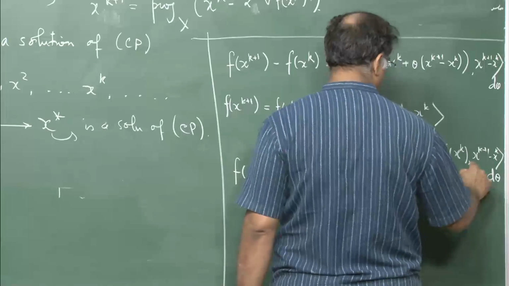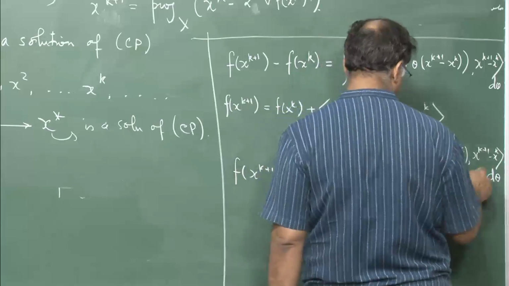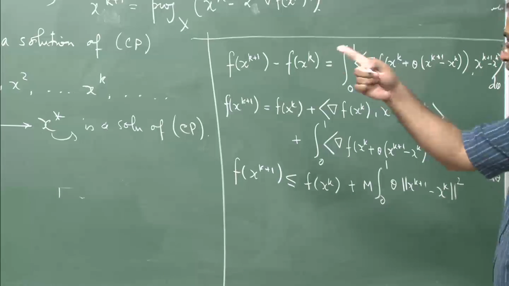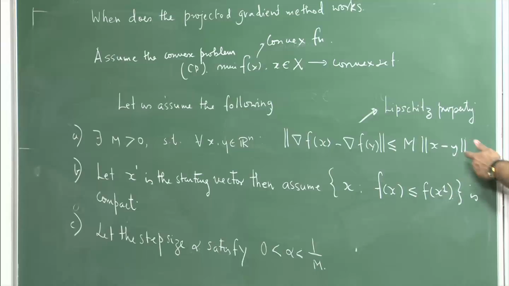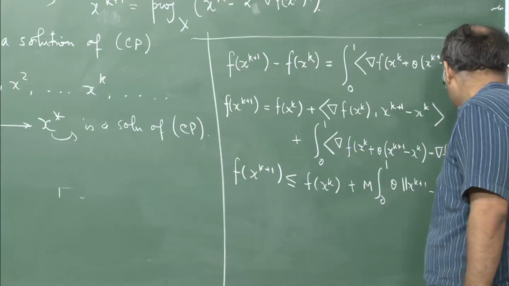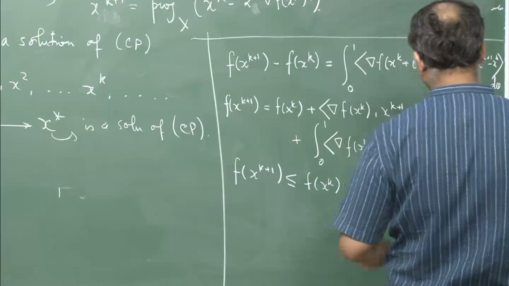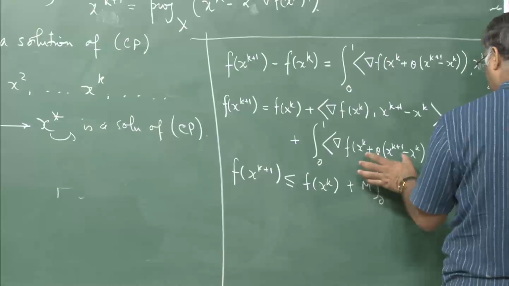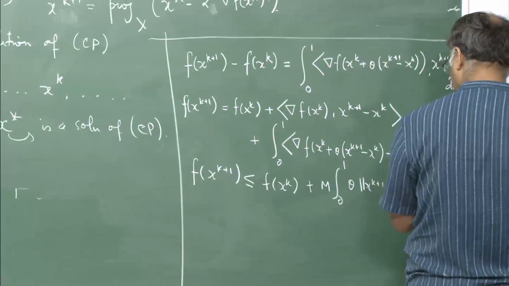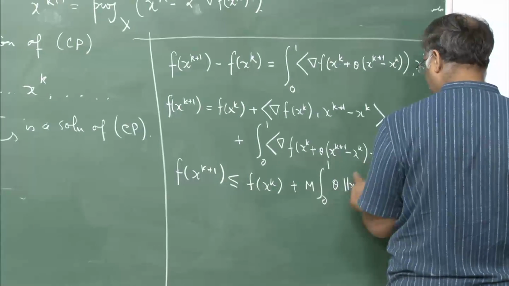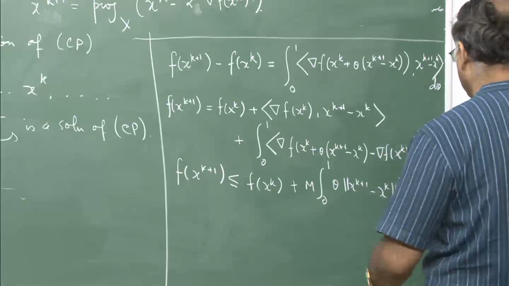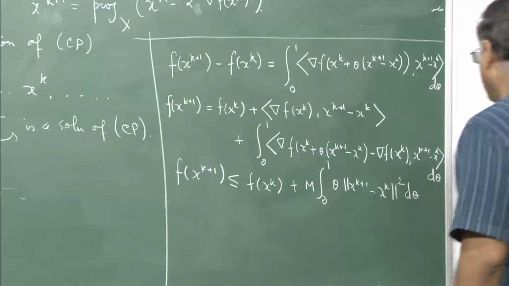This first norm, x_{k+1} minus x_k, comes from the Cauchy-Schwarz here, and then applying the Lipschitz property here, m will come out. And theta is of course the difference between this and this, so it will be theta times (x_{k+1} minus x_k), and that theta is positive, so it will just come out of the norm.